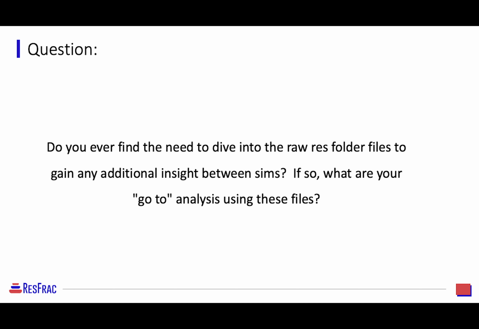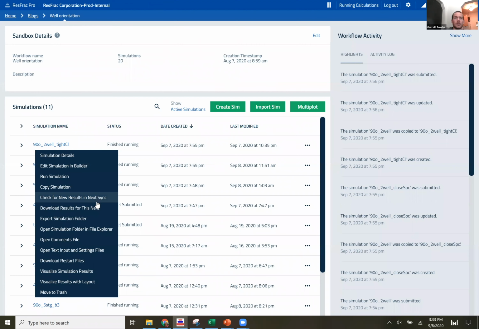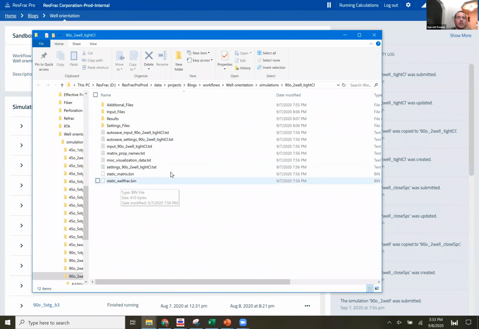There is a chat going on here. Yes, raw results, I think we showed a couple times, but there are some very useful files in there. If you go from the menu and open the simulation file in Folder Explorer, it brings you to the underlying folder structure where all the results sit.